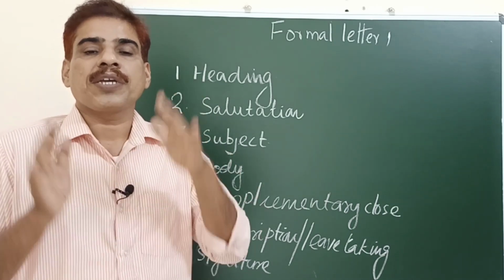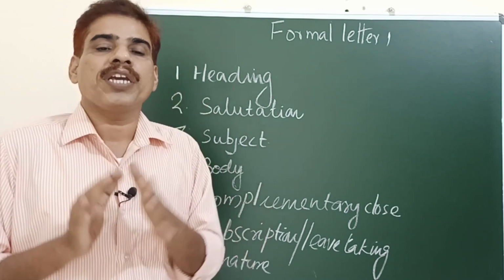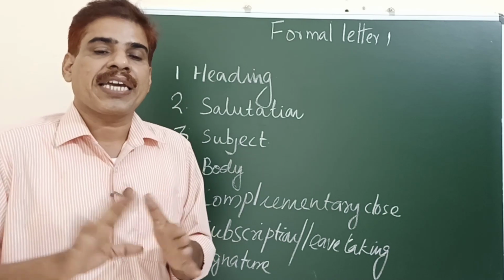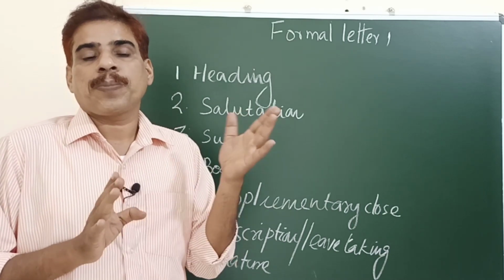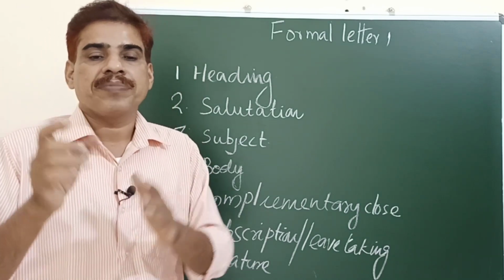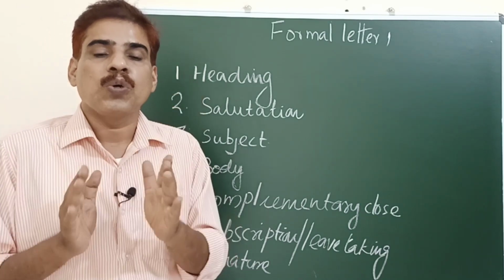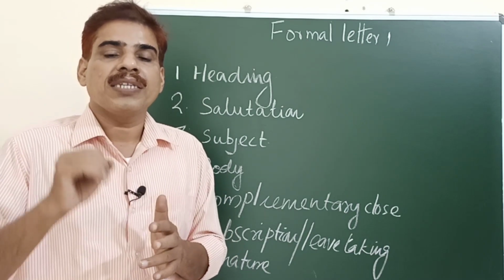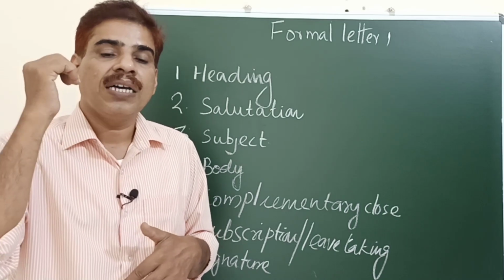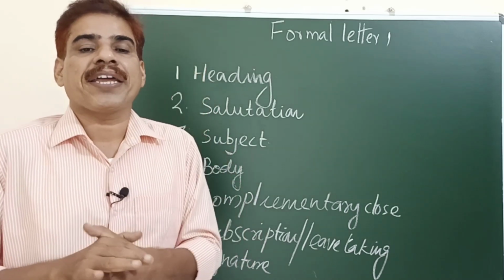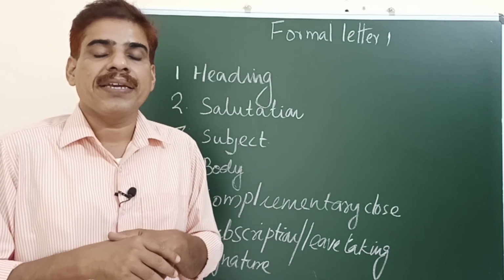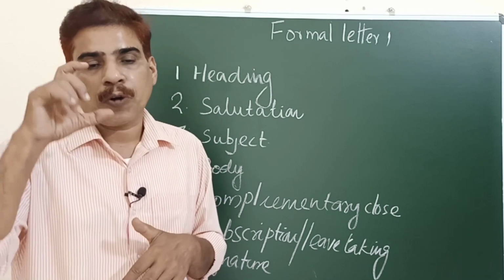Then second part, the body of the letter. In the body, if possible, you can divide into paragraphs. In the first paragraph, you can only start your problems. In the second paragraph, you mention what is the purpose of the letter, and how it is badly affecting and what are the problems.